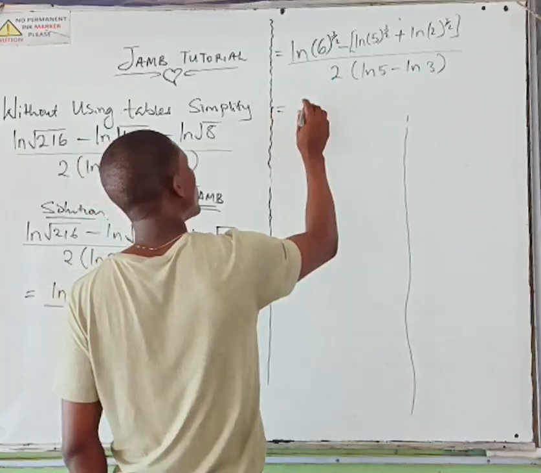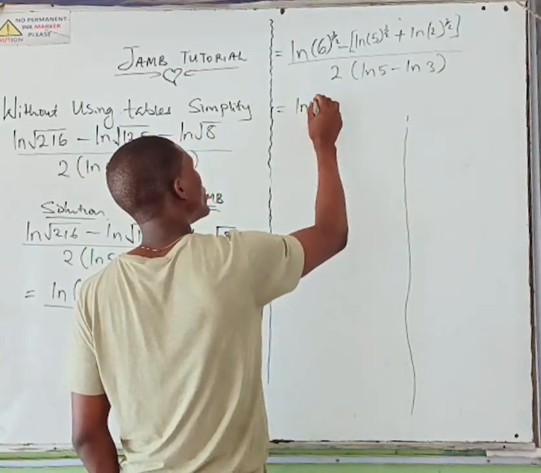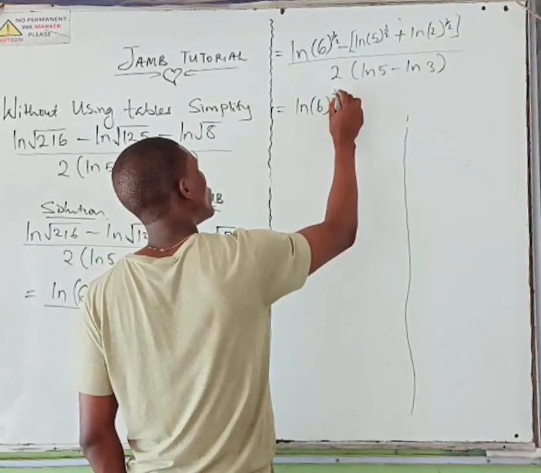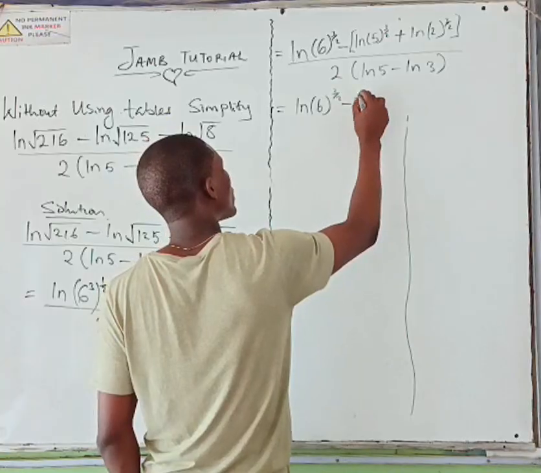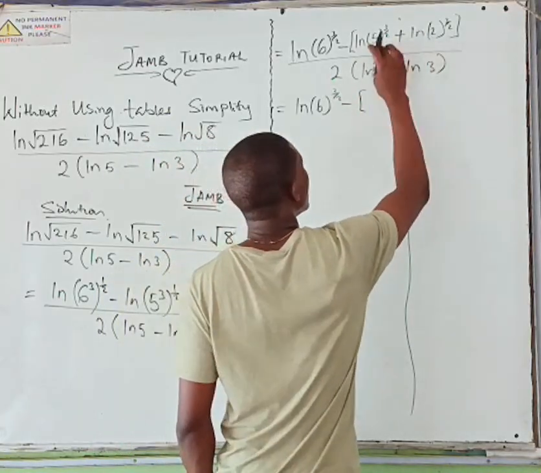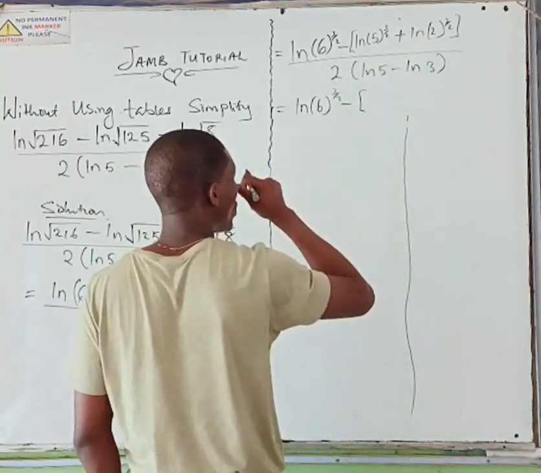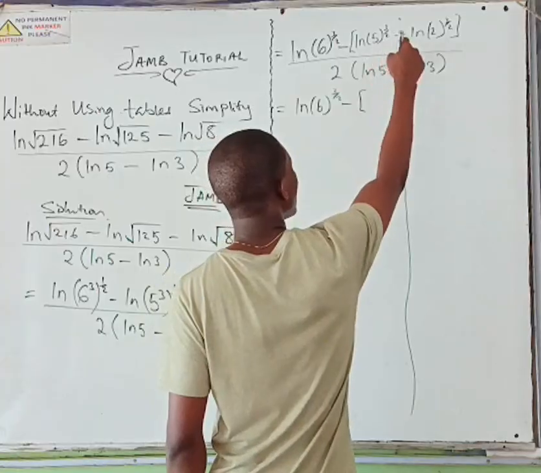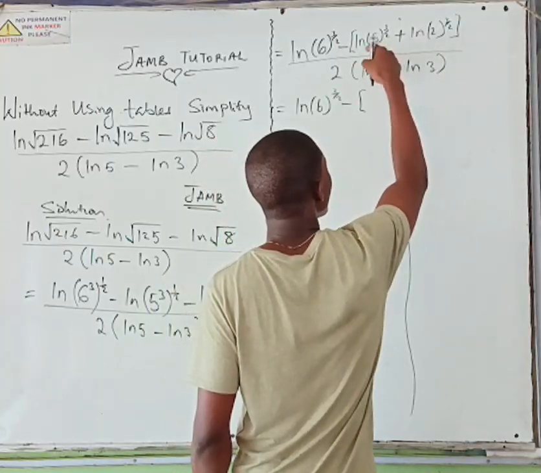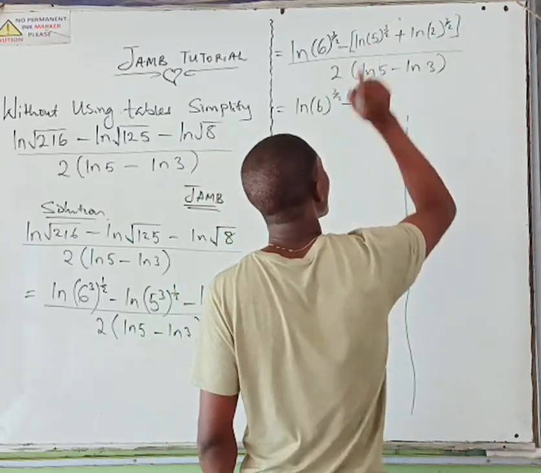So this equals ln 6 to the power 3 over 2 minus. I can apply the law of logarithm that says we can combine them to a common base, because they are both in base e, as I showed earlier.